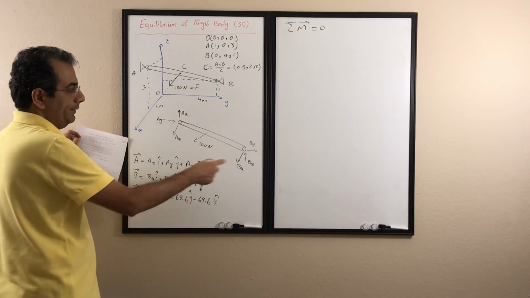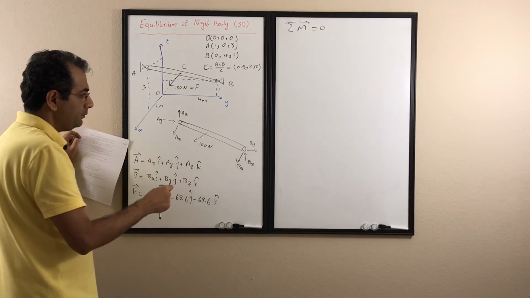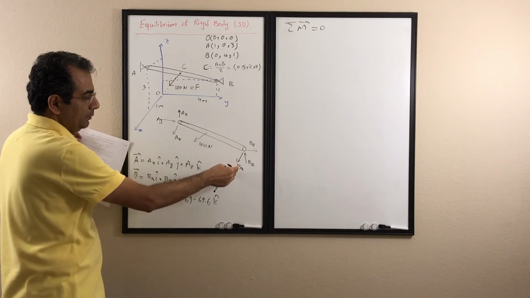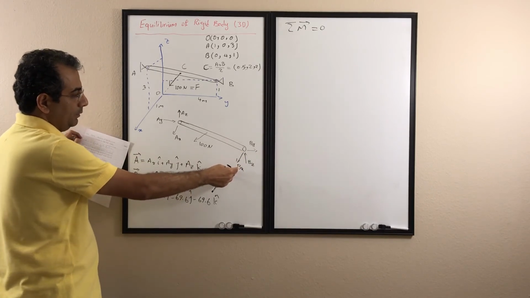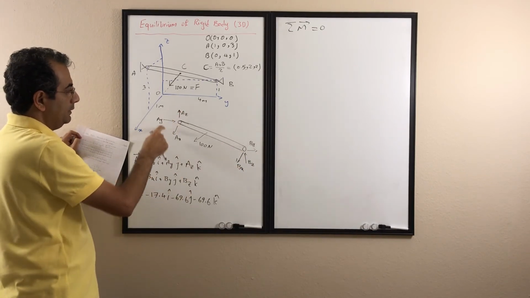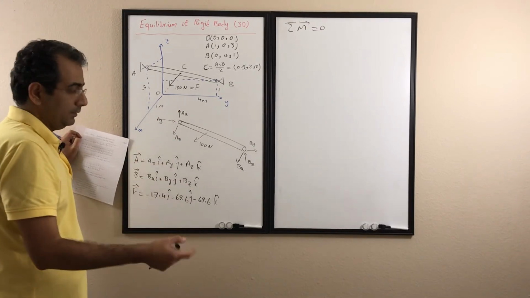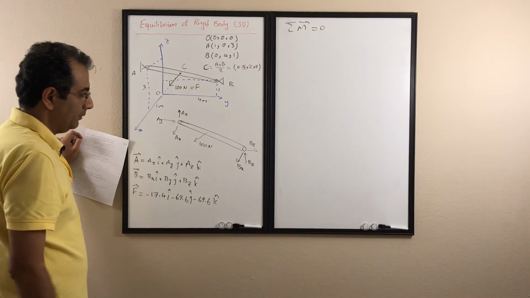So it gives us 3 equations with 3 unknowns. If I write it about point B, it's the same, because these 3 would be eliminated from the equation, and only these 3 remain. So I can calculate these 3 from there.